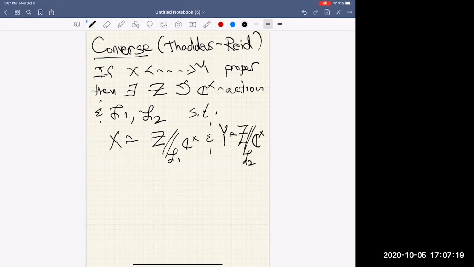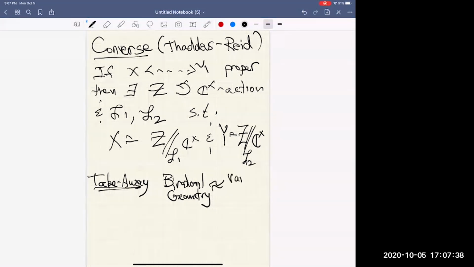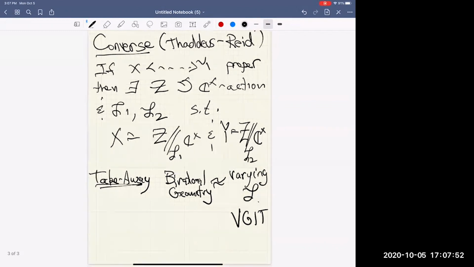Okay. So I guess the takeaway is that birational geometry, at least for, say, smooth proper varieties, is roughly varying, which is called VGIT, variation of geometric invariant theory quotients. Okay.